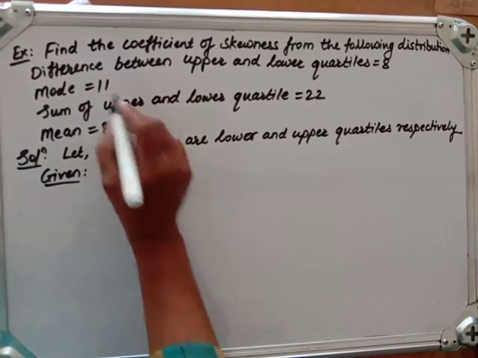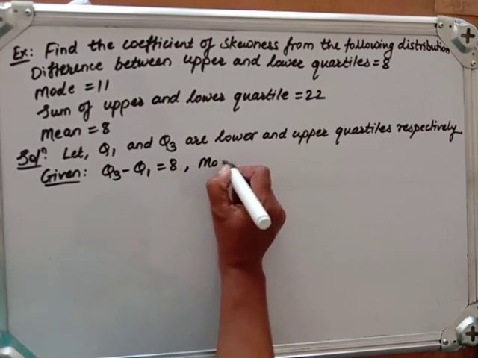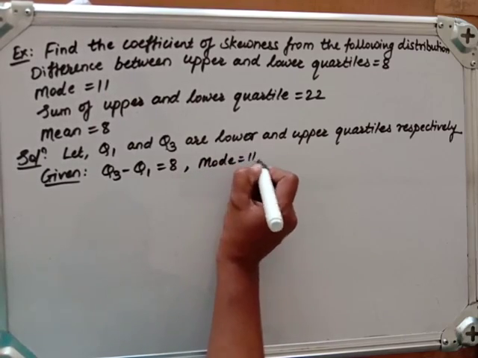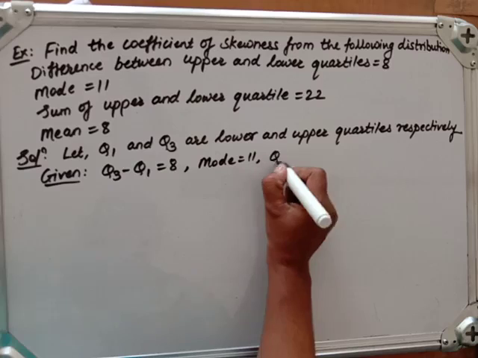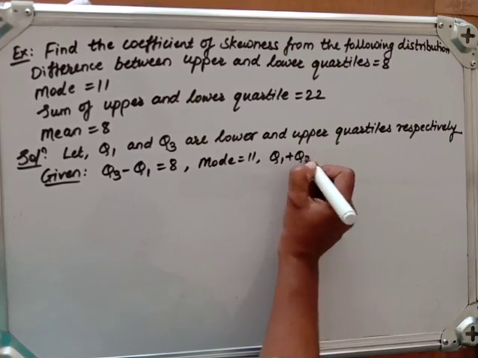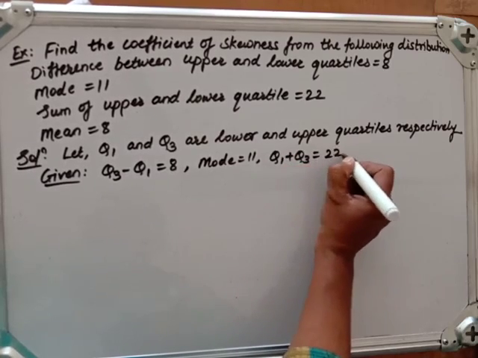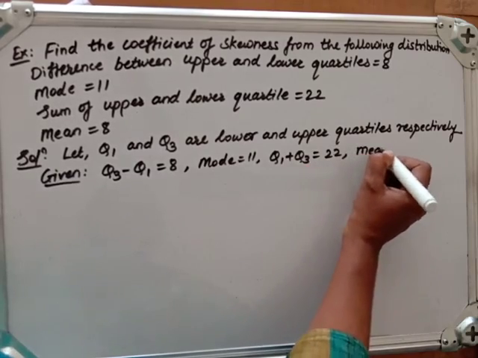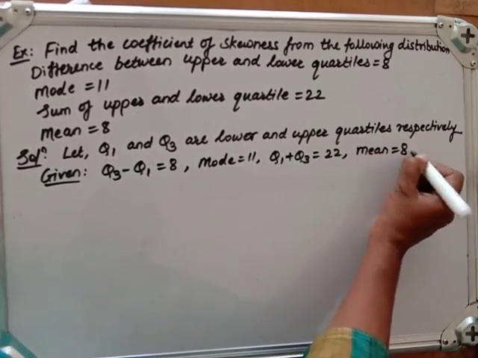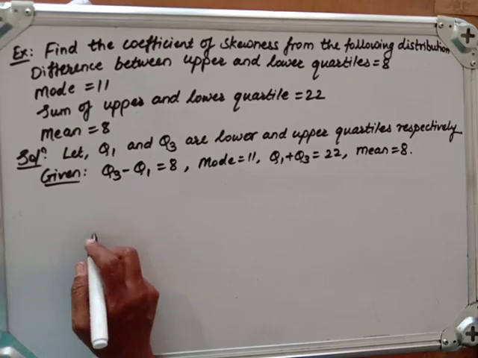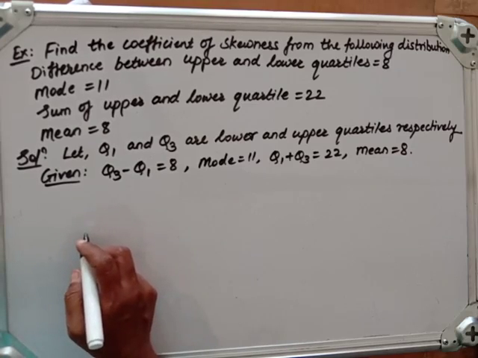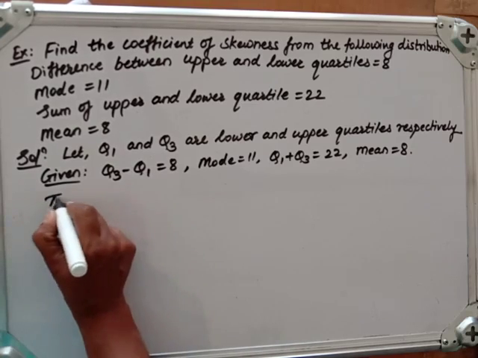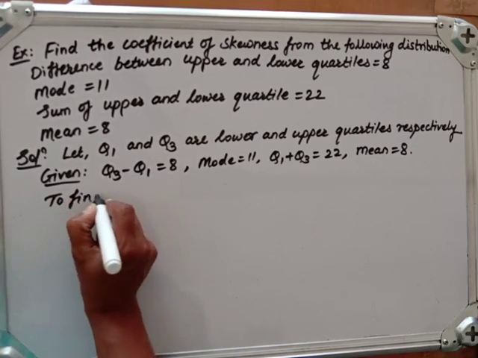8. Mode is 11. Then the sum of the quartiles, Q3 plus Q1, is 22. And the mean is 8. Now we need to determine the median, as we have to find SKB.